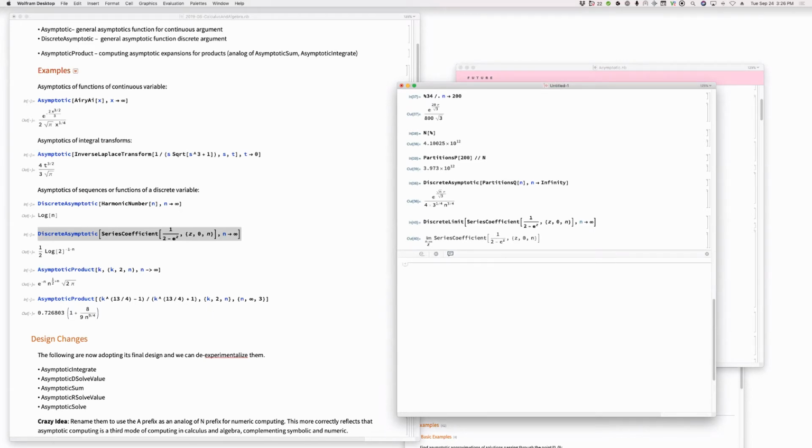Right, I understand. Now, why didn't that work? Because that's n goes to infinity. That should just be 0, right? Yes. Why didn't that work? I'm not sure. I could look into that. We do try to support these operators at discrete limit, but I don't know about this particular one. I can check. Okay, fine.